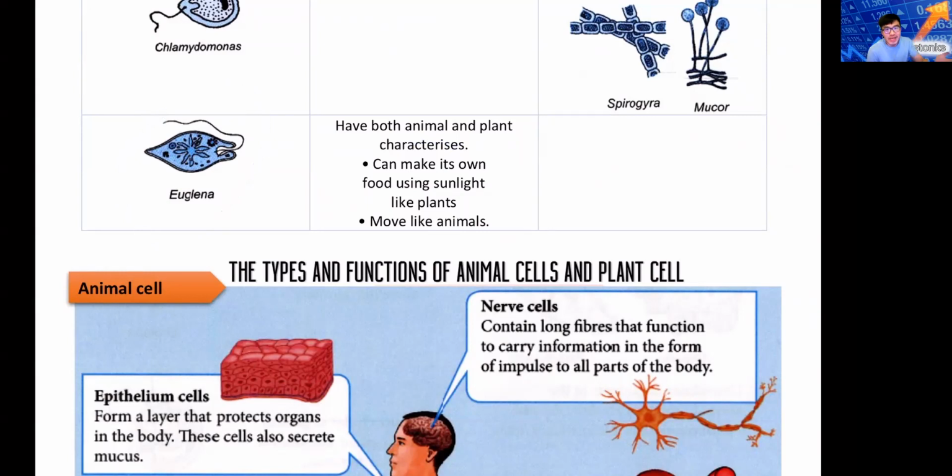It's like, dude, pick a side. Euglena doesn't know whether it wants to be a plant or an animal. Why? Because it can make its own food. Yes, it can do photosynthesis, so it should be a plant, but no, it can move like an animal. So even scientists have difficulty classifying it.